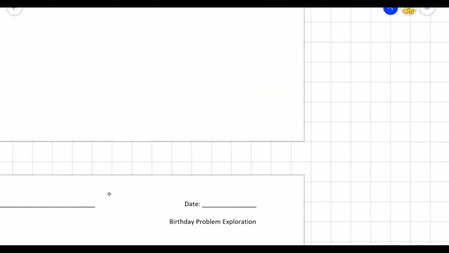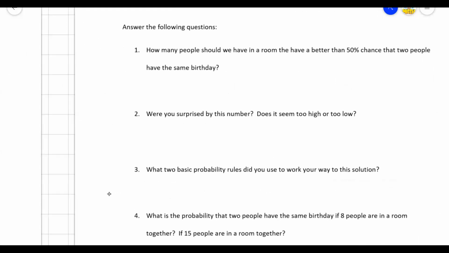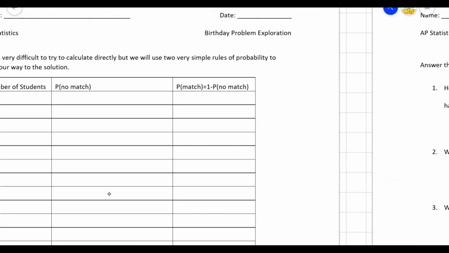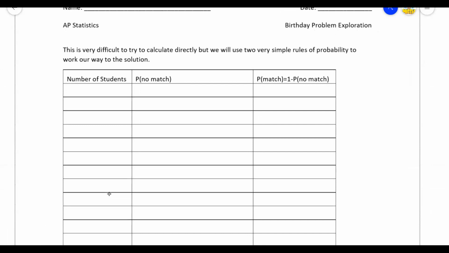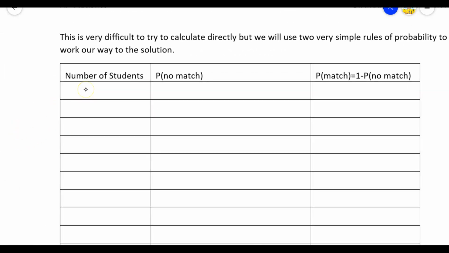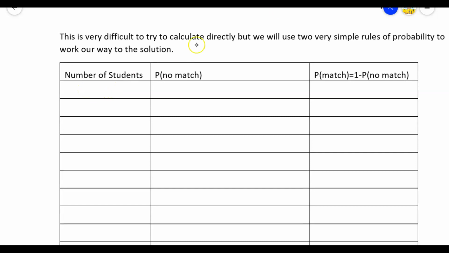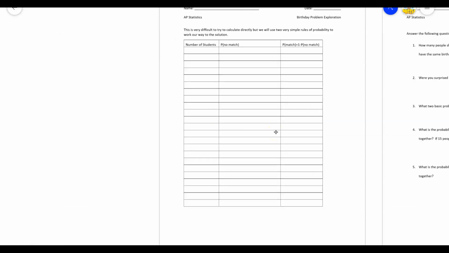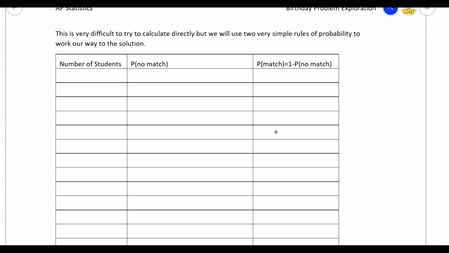Okay, so let's think about what happens as we bring another person into this room. I might even just go ahead and type, if I can type in here. It won't let me edit the document. But for the number of students, if we only have one student, the probability of no match is guaranteed.